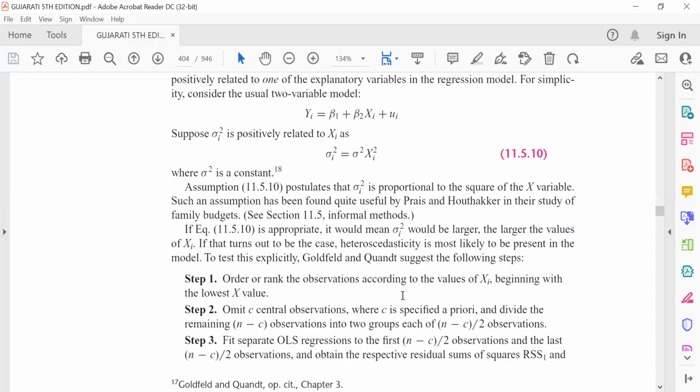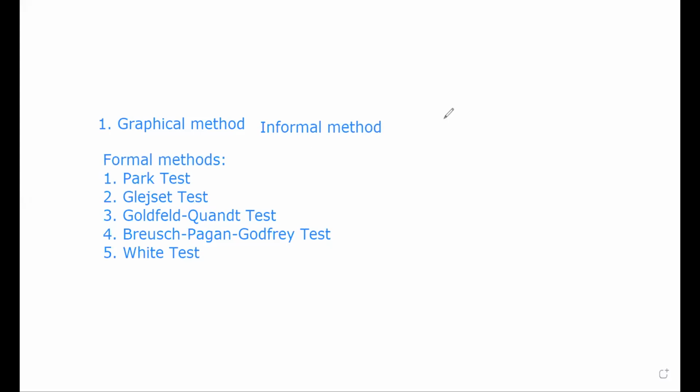So how to use the Goldfeld-Quandt test? First, we have to divide our data into three parts.